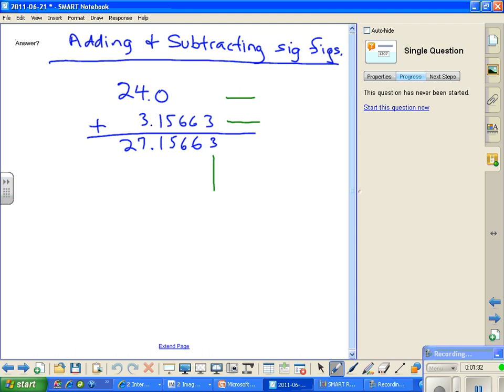No. Up on the top? No. The 5 isn't there. Do I see numbers here? Yes. That is where you come back and you draw the line. Now, this is your number, to the proper number of sig figs.